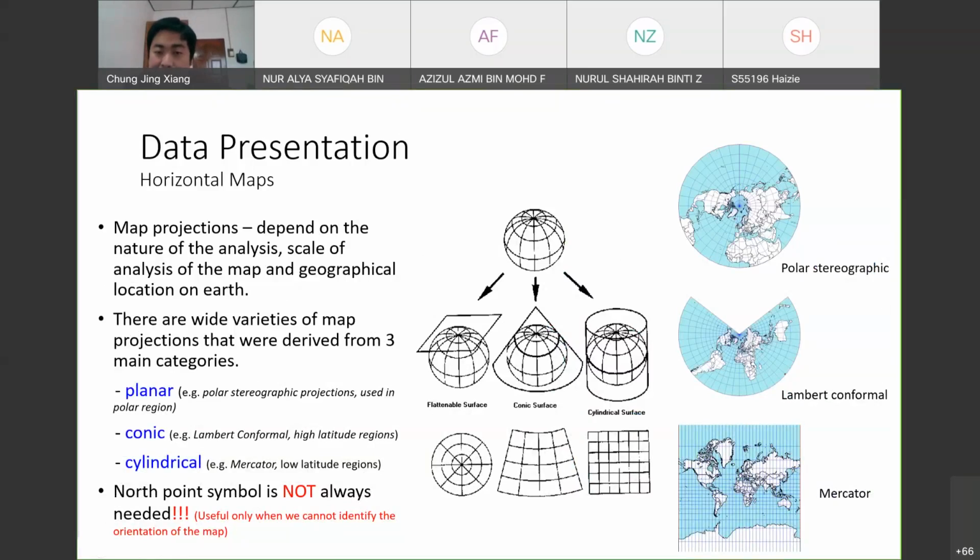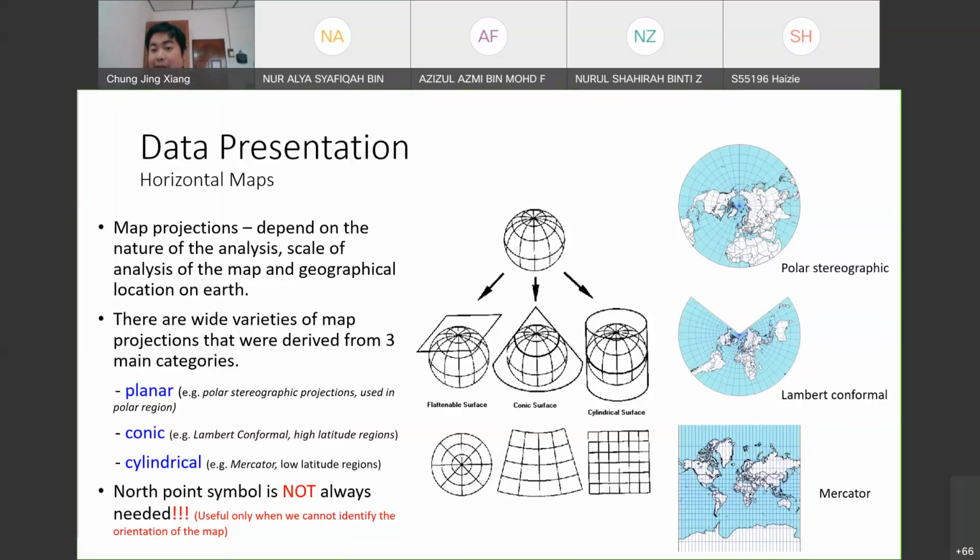So when we want to draw a map of our Earth, we are trying to make a sphere into 2D, which is actually impossible. If you have a box, you can open up the box and flatten it. But if you have a sphere, can you try to open it up? Obviously you can't.